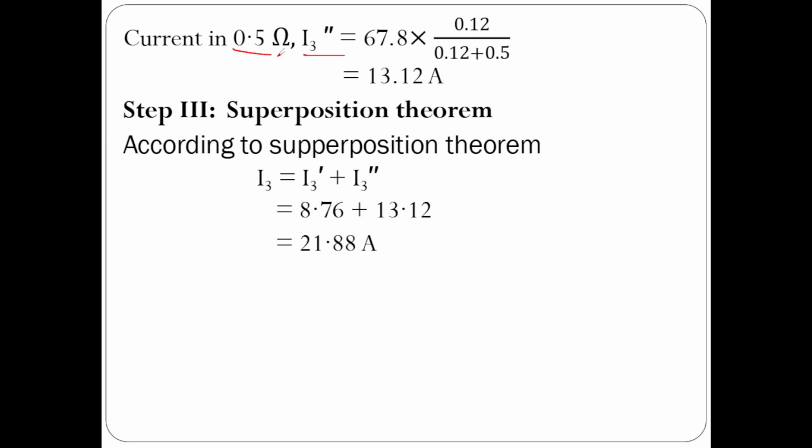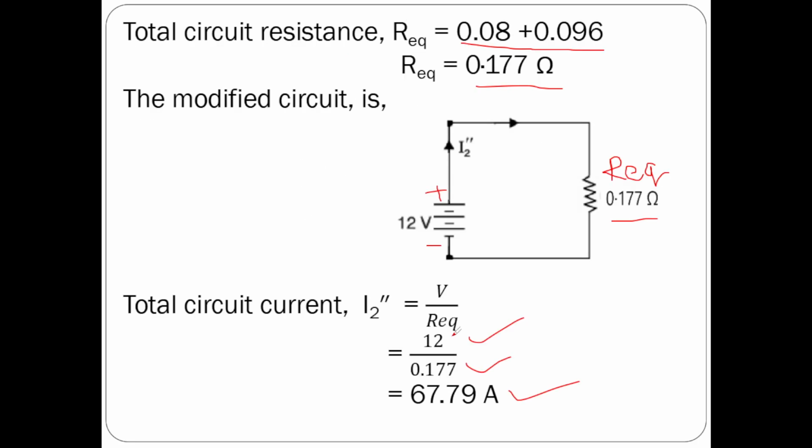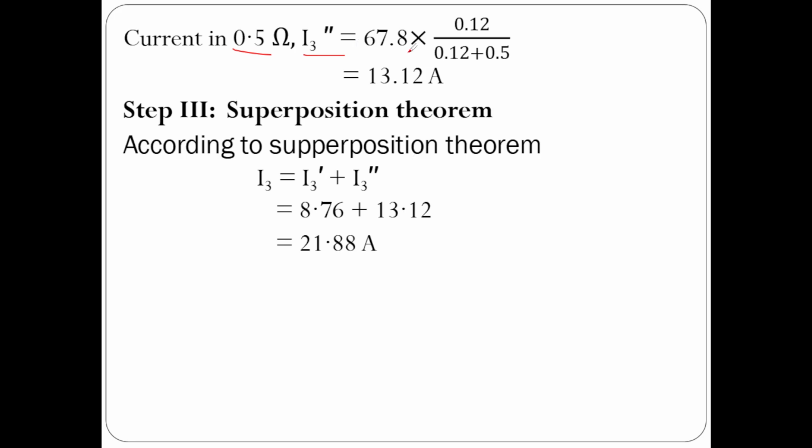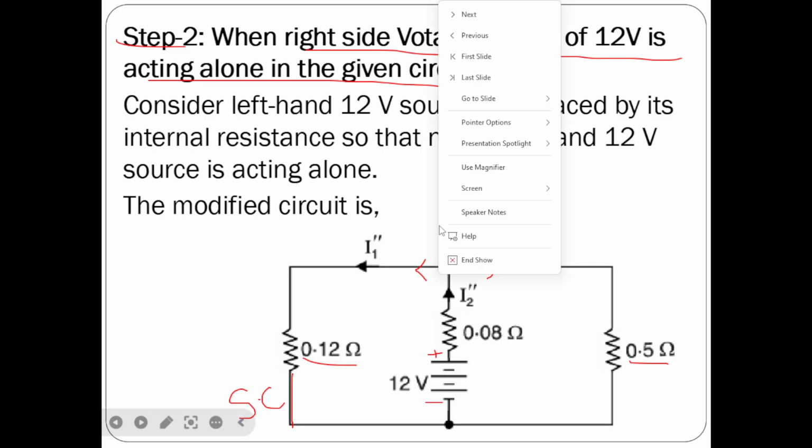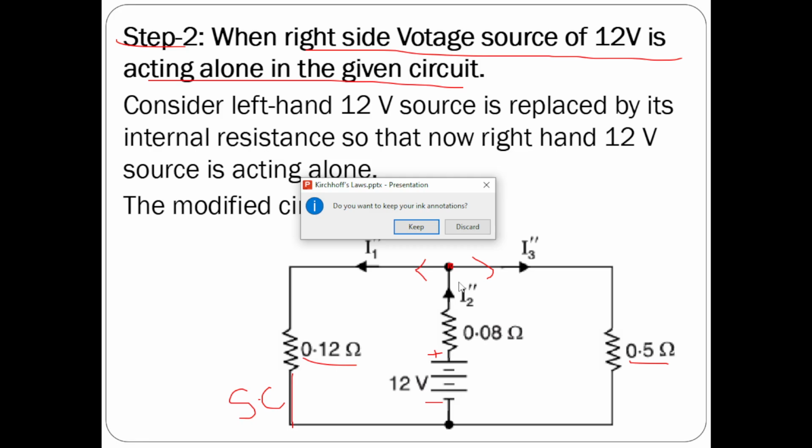Total current, that is 67.79, which I have written as 67.8, into the opposite resistance, that is 0.12 by 0.12 plus 0.5. Okay, I will just copy the circuit there so that it will be easy for you to understand.